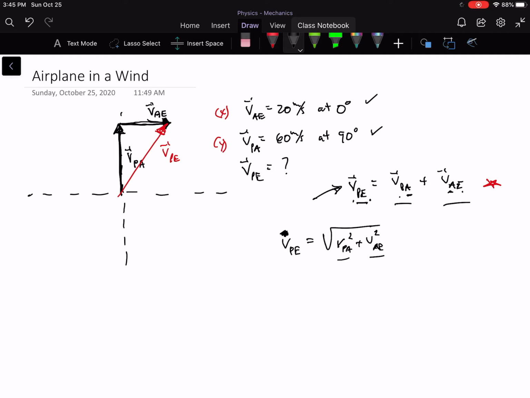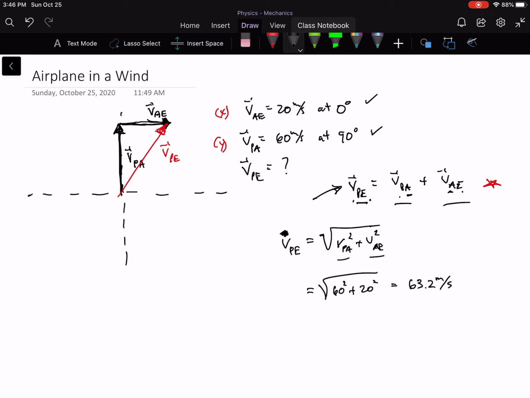Normally you can't skip right to this, obviously, but we can in this simple case. With this set of numbers, you've got 60 squared and 20 squared, and that gives you just a little over 60, so 63.2 meters per second.